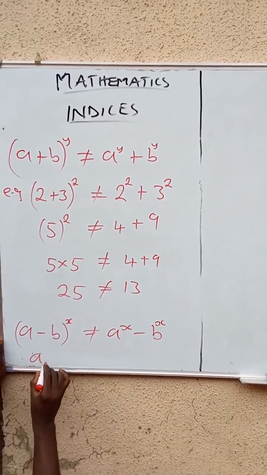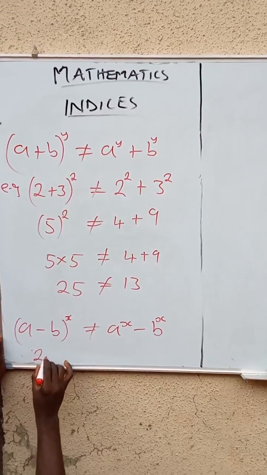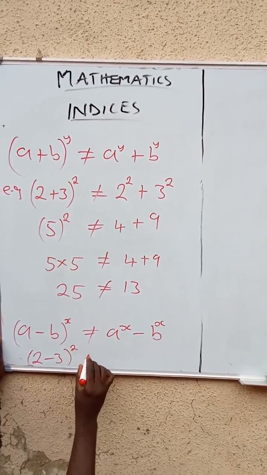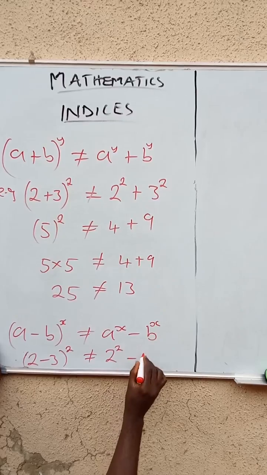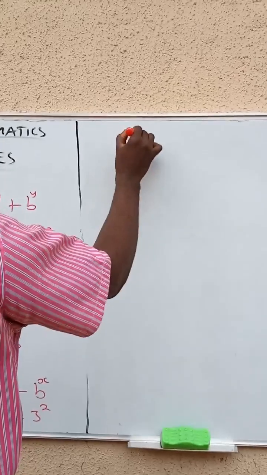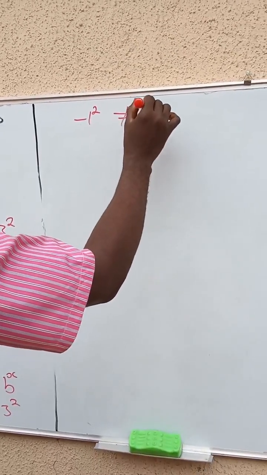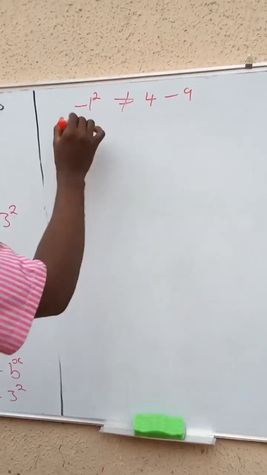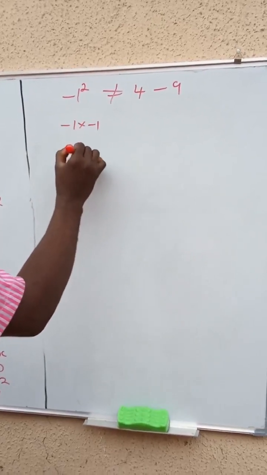For example, 2 minus 3 raised to the power of 2 is not equal to 2 raised to the power of 2 minus 3 raised to the power of 2. That is, 2 minus 3 is minus 1. Minus 1 raised to the power of 2 is not equal to 4 minus 9. Minus 1 raised to the power of 2 is minus 1 times minus 1.